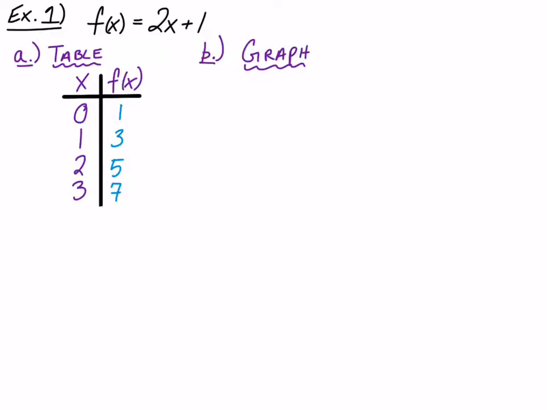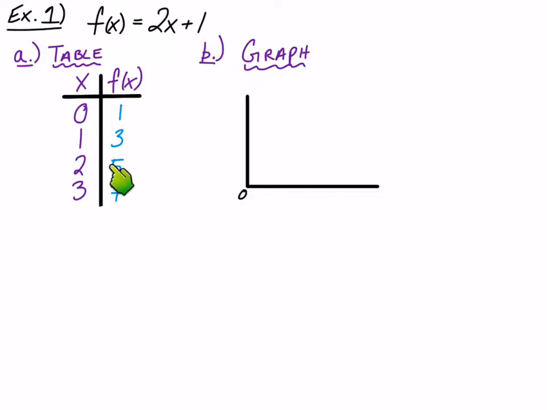Let's make some really basic axes here. We've got an x-axis down here and a y-axis up here, with 0 in the middle for both of them. It looks like it's just quadrant 1 right now. So how do you go about graphing this function? The important thing to note is that if this was x and y, these are just points on the graph: 0, 1; 1, 3; 2, 5.